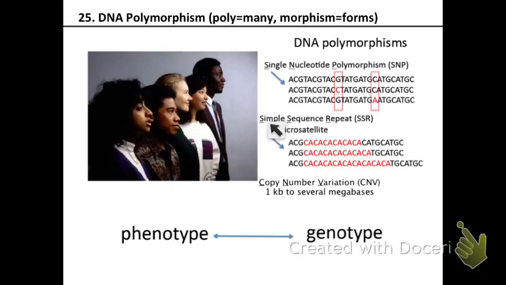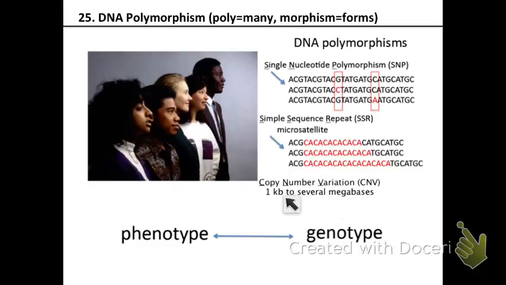The second type of difference, which we learned in our DNA lecture, one of the very first lectures, is the simple sequence repeats, right? So these are microsatellites that are found in different copies in individual people. And another type of variation that humans have is copy number variation.